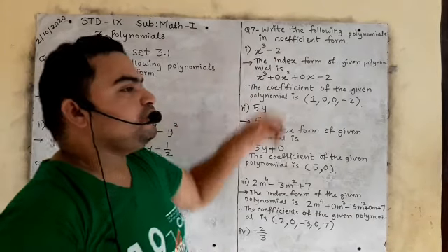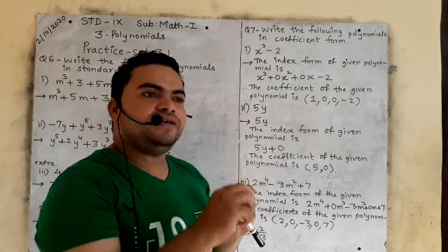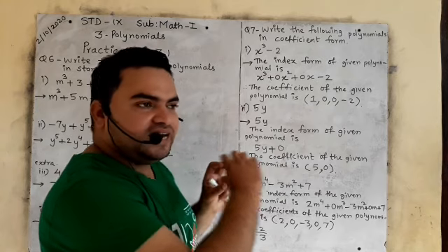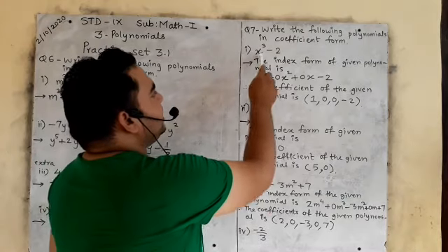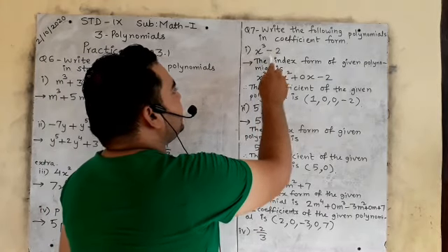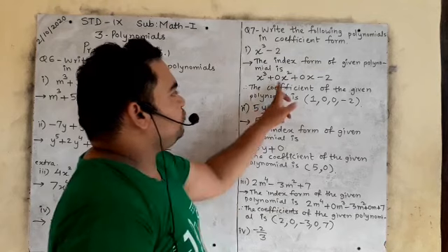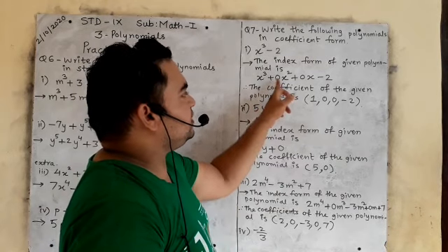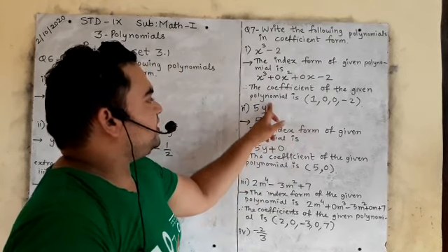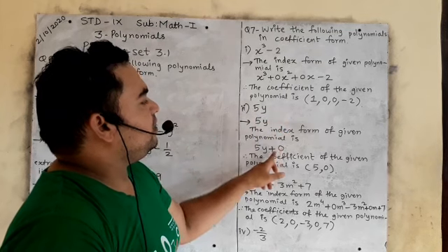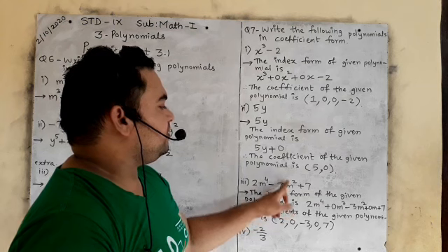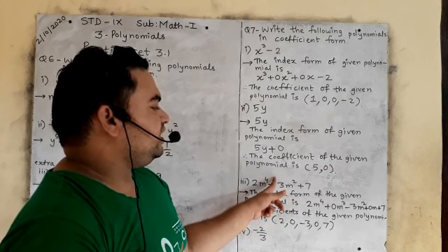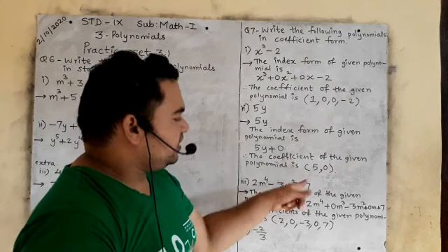It means we have to arrange the polynomial in the standard form with the missing terms as well. So x cube after x square should be there, x raised to 1 should be there. So we have to arrange by adding 0. Here also 5y raised to 1, it means 5y plus 0 y raised to 0 should be there. Here m raised to 4, m raised to square, it means m raised to 3 is absent, and here m raised to 1 is also absent.